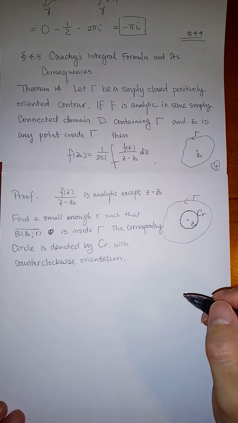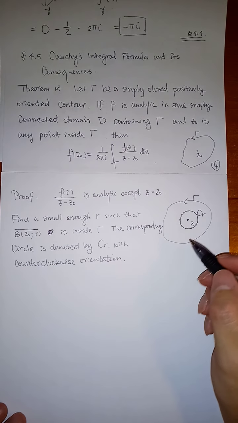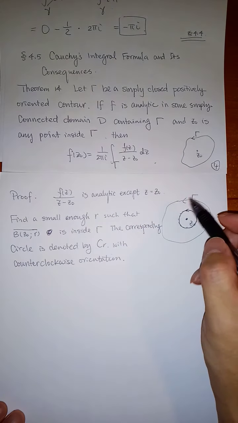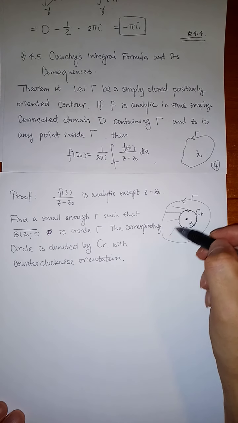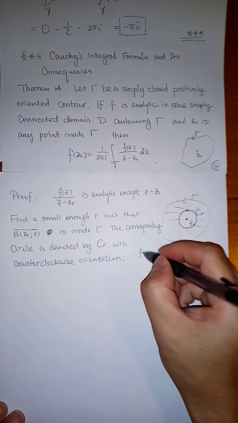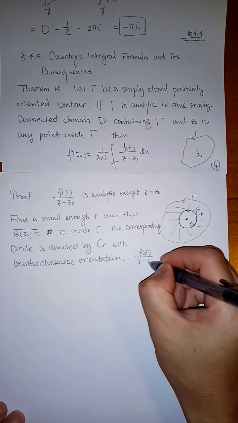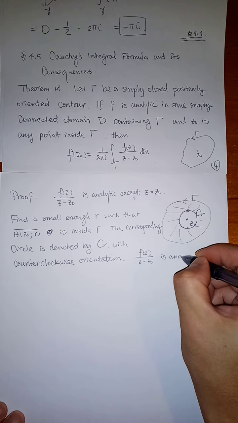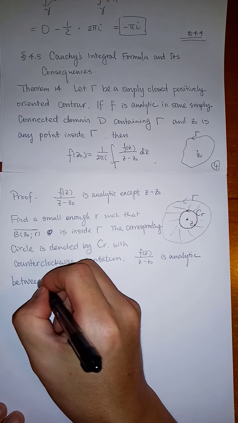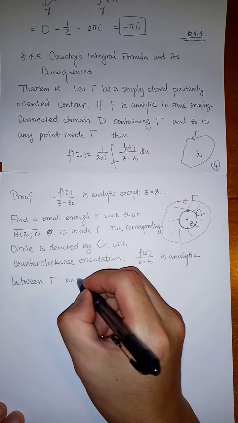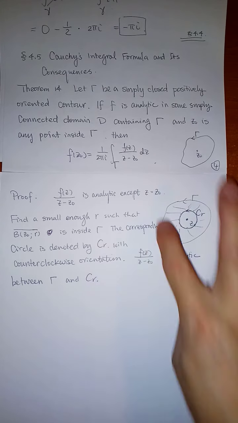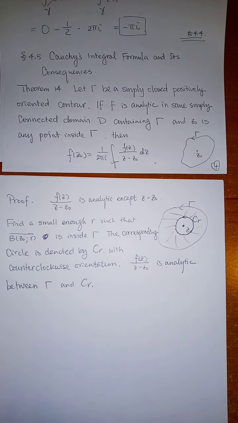With counterclockwise orientation. Okay. Then you see here the function f(z) over z minus z0 is analytic between gamma and C_R. So over this region, this function is analytic.